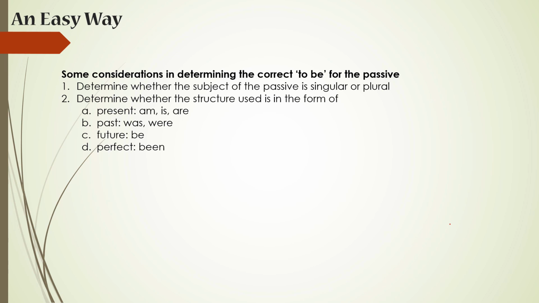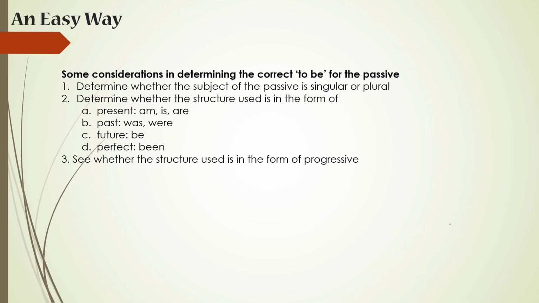For the perfect, the to be that must be used is been. After the auxiliary have or has or had, have, has for present, had for past, and then after that, in the passive sentence, it must be followed by been before the verb 3 or past participle.